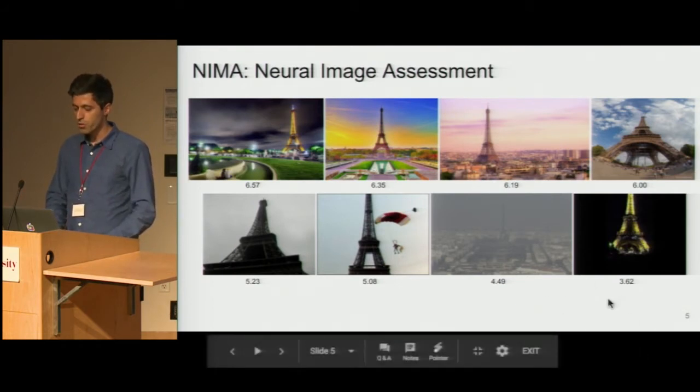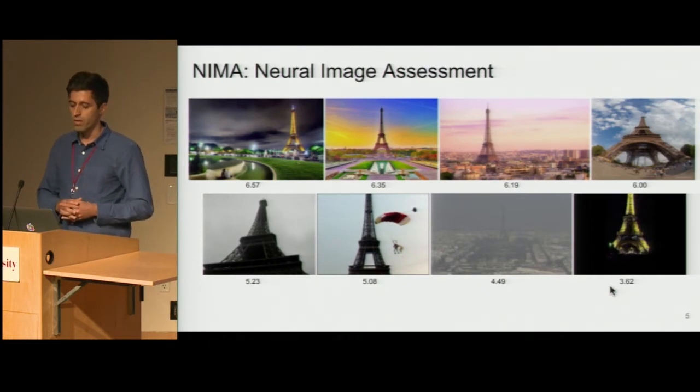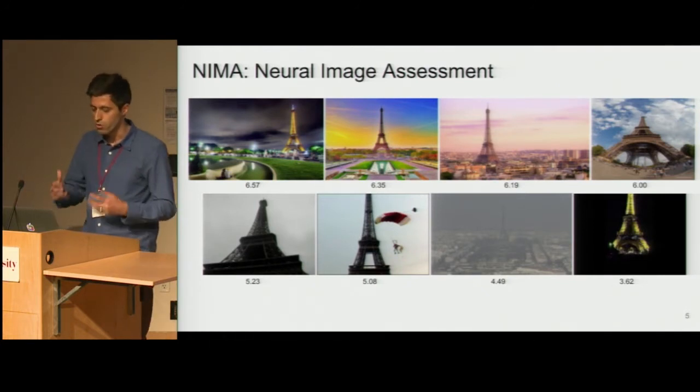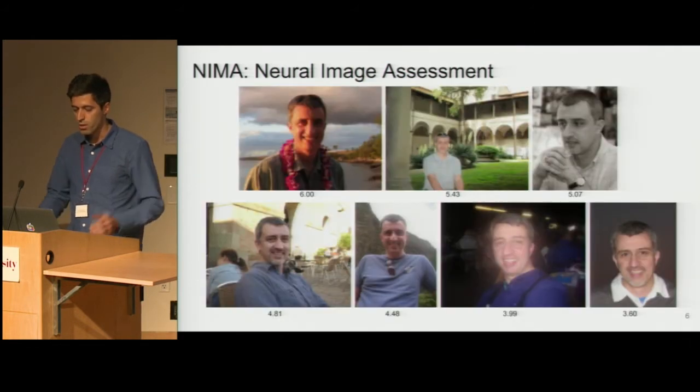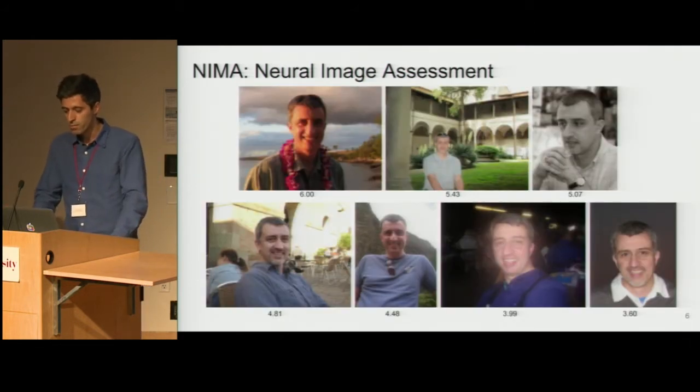The images that get lower scores, as you see, are images from low light scenarios or blurred or noisy images, which does make sense as a perceptual metric. Could be your own personal album and photos. You want to rank them and find pleasing images. You can use NIMA as a signal.